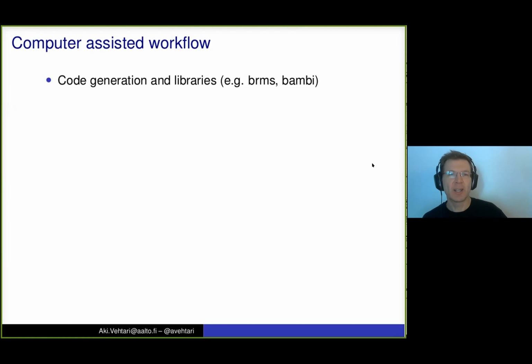And we already have a lot of things that we can consider that are computer-assisted workflow parts. We have code generation and libraries. In Stan, there's brms and rstanarm, and for PyMC3 there's Bambi, which have much simpler syntax for writing many models.